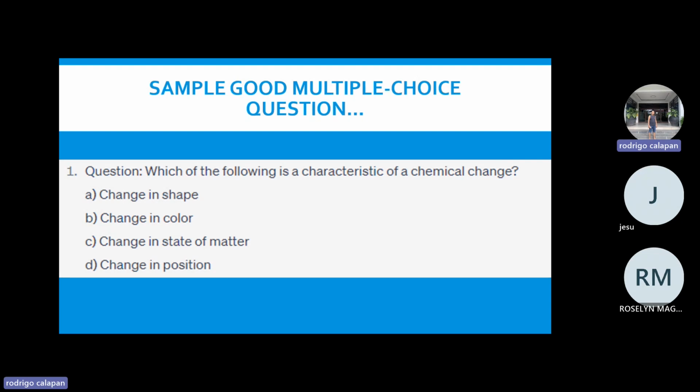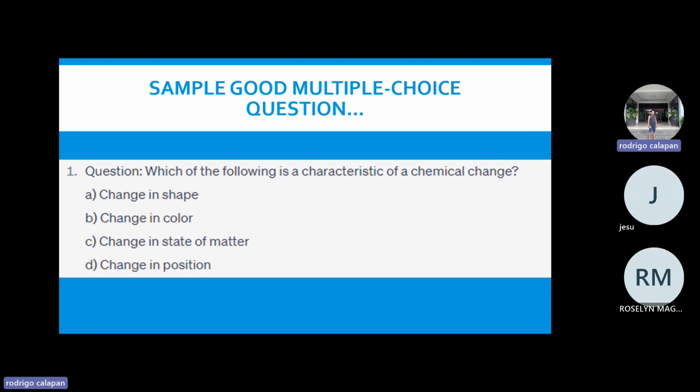Another sample good multiple choice question. Which of the following is a characteristic of a chemical change? A, change in shape; B, change in color; C, change in state of matter; D, change in position. So this question assists students' understanding of chemical changes by presenting four options that could potentially be observed during a change.